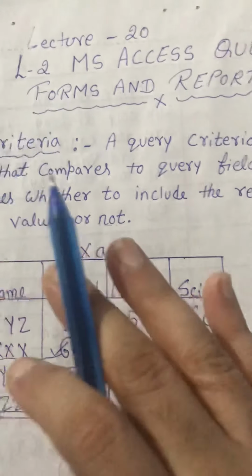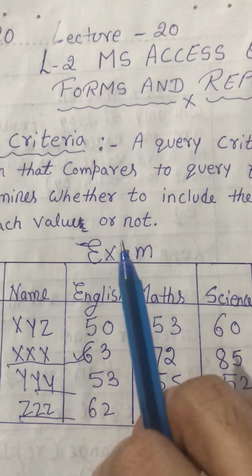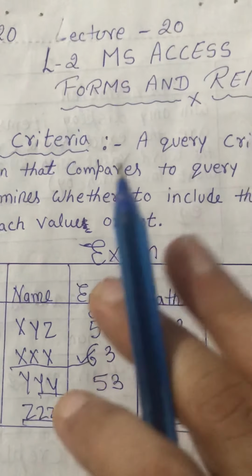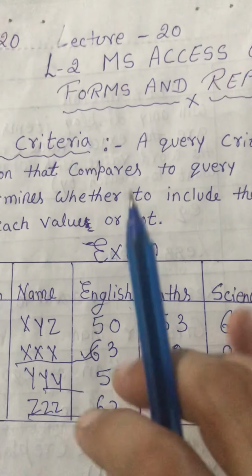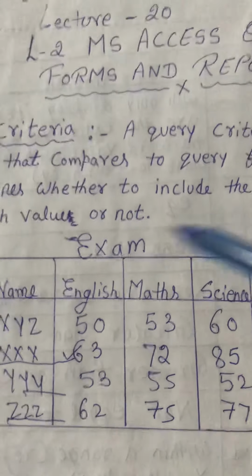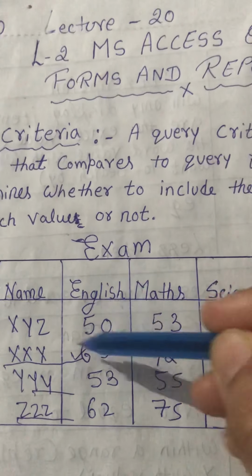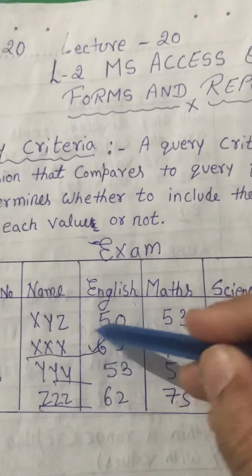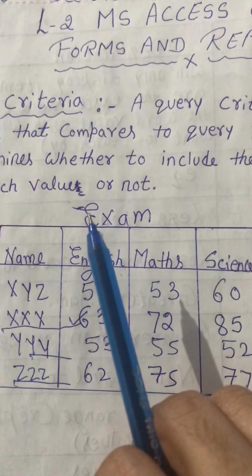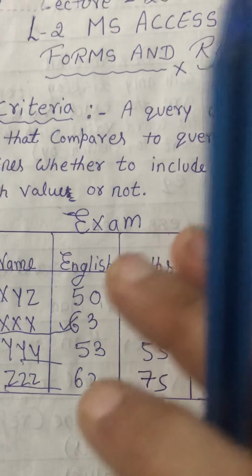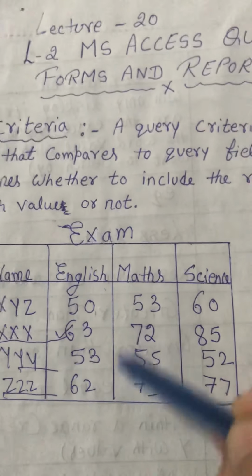Student, a query criteria is an expression that Access uses to compare query field values to determine which values, the values which you put in the table, to determine whether to include the record that contains each value.